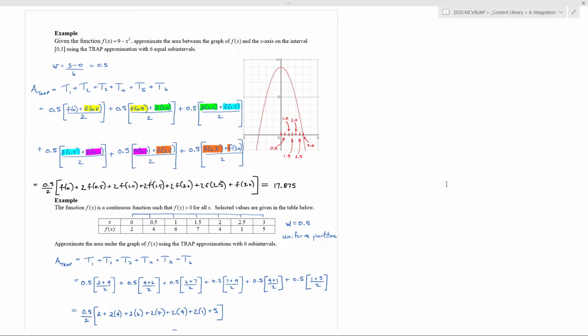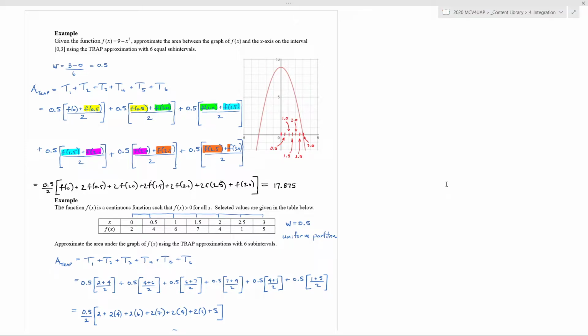And again, I've highlighted the fact that each one of those partition points, like at 0.5, the 1.0, the interior ones show up twice, but the first and last ones show up only once. So you can go right to that last expression there that I wrote in black.